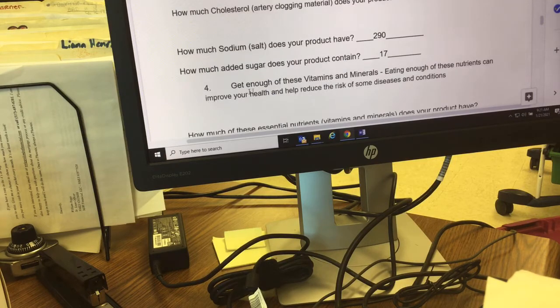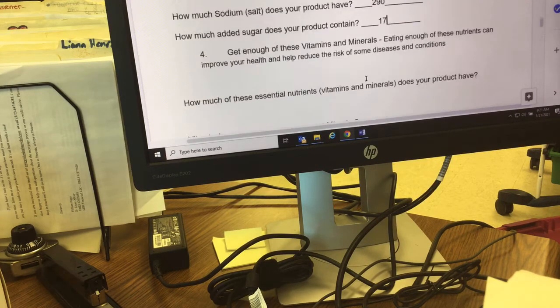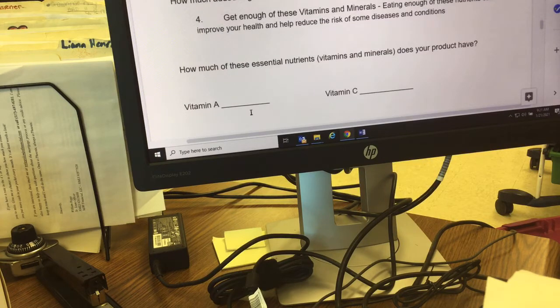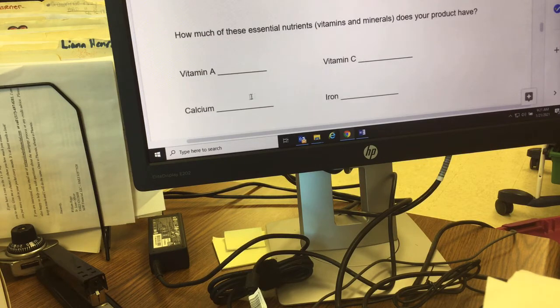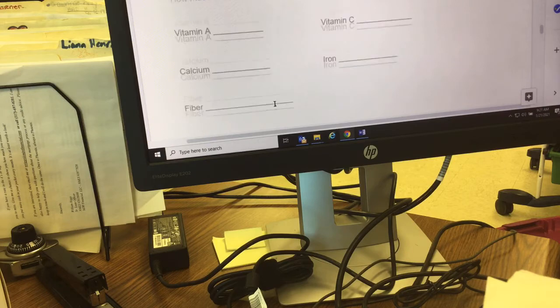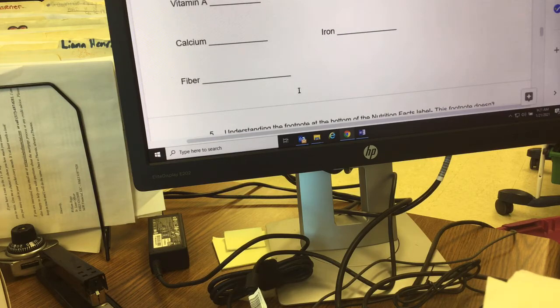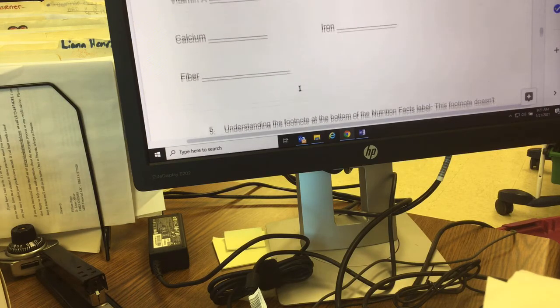All right, now we're talking about these vitamins and minerals that we want to make sure we get enough of. Okay, eating enough of these nutrients can improve your health and help reduce the risk of some diseases and conditions. So vitamin A, vitamin C, calcium, iron, fiber, those things are all listed on our nutrient list.